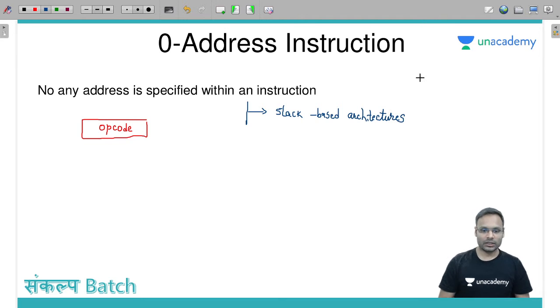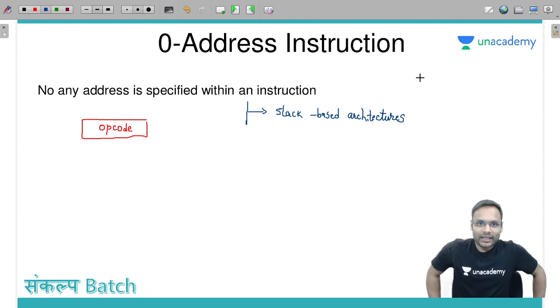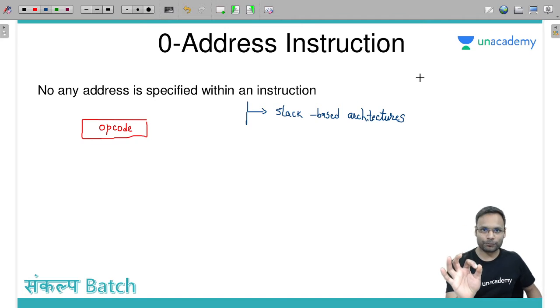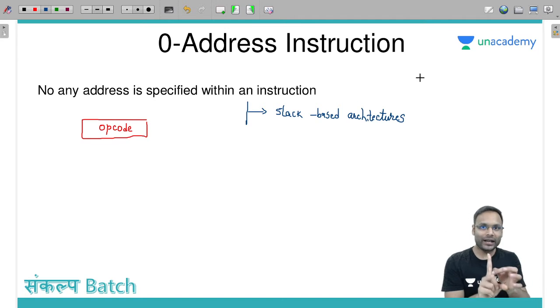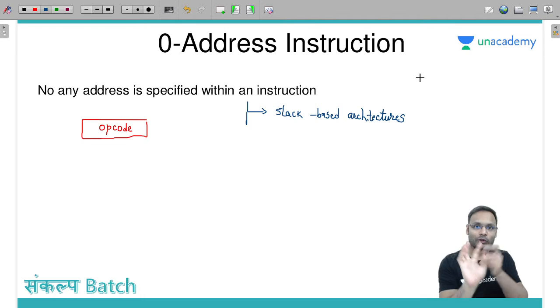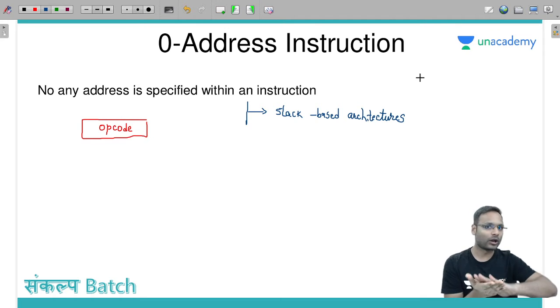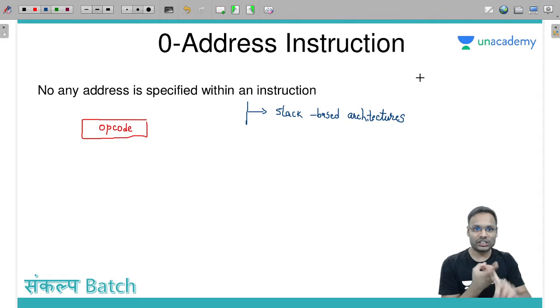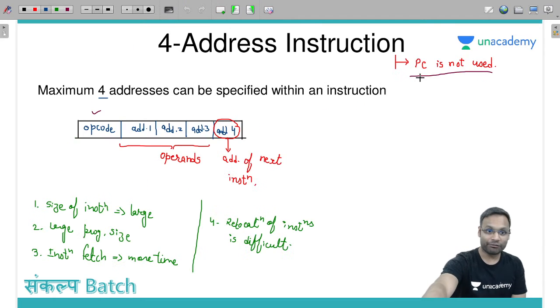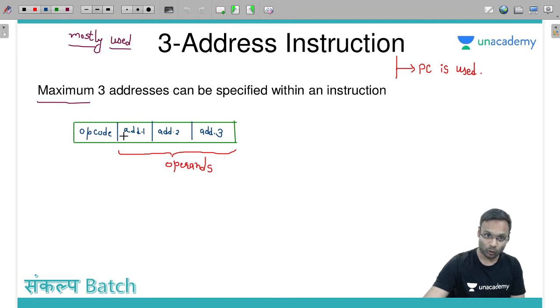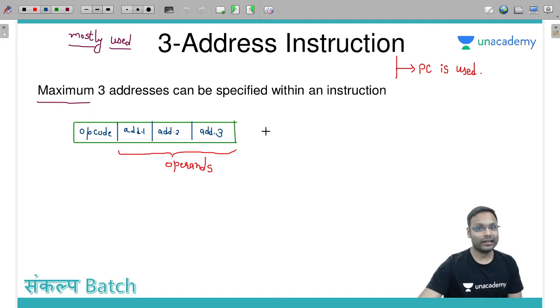Got it? Very good. Look, only 4 address instruction systems are those computer systems where the program counter is not used. All the others, 0 address, 1 address, 2 address, 3 address, will use the PC, because there is no field in the instruction storing the next instruction's address.